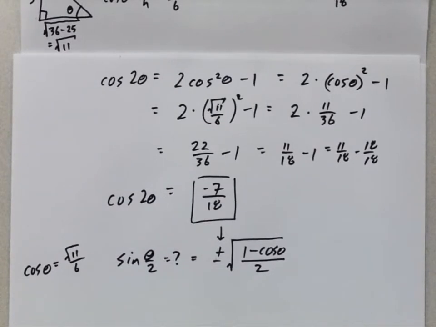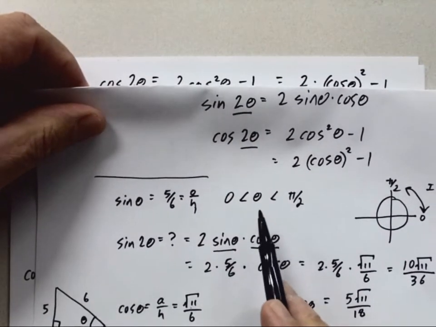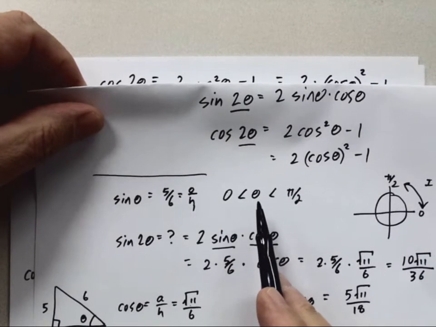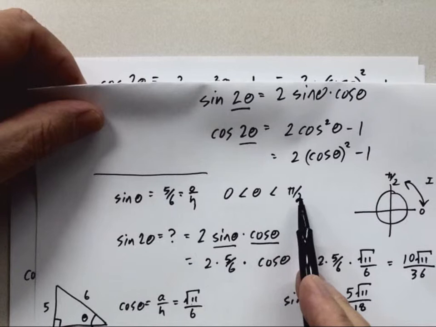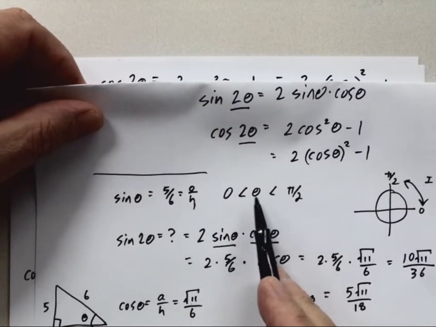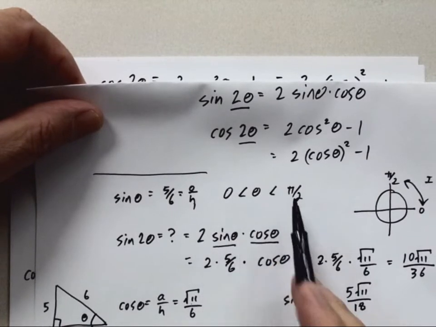And the question is, which one should it be? Here's how we determine that. We go back way at the beginning of the problem. When they told us our initial angle theta, they said it's greater than 0 and less than pi over 2. A lot of times we say theta is between 0 and pi over 2.